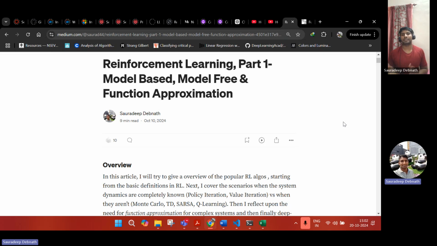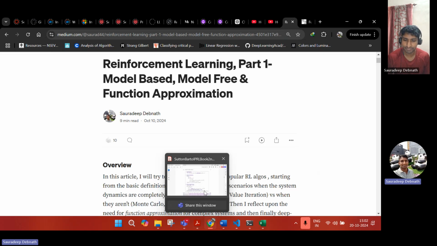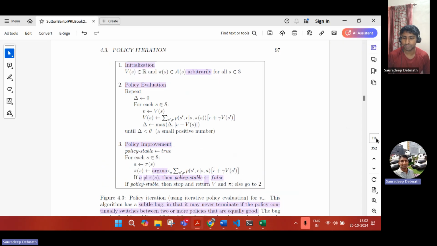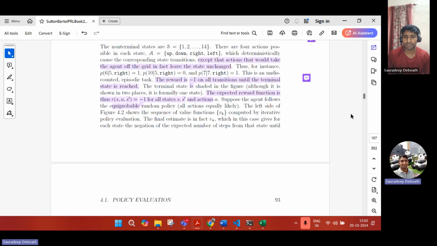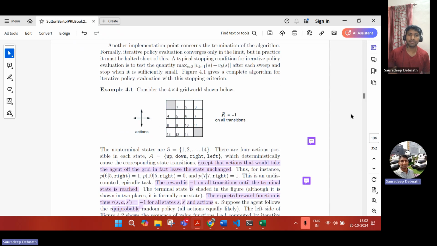So there are different cases or scenarios here. Firstly, there could be a case where we know all the rules. For example, going back to this grid world problem, firstly, we know that the reward is always -1 for every transition you make.